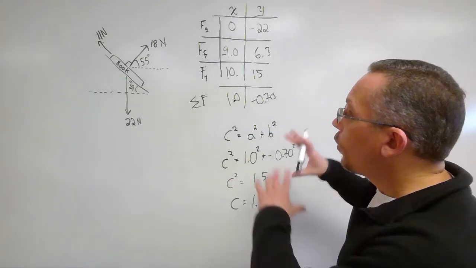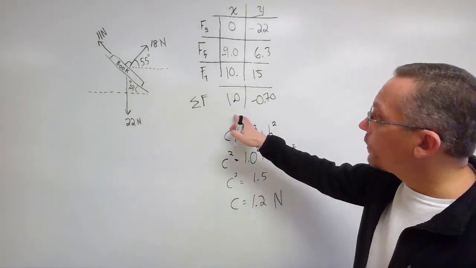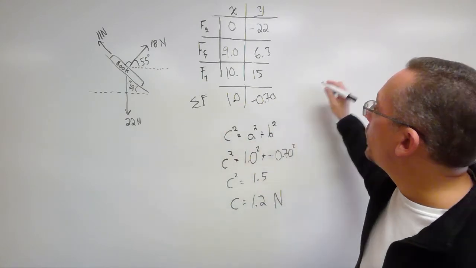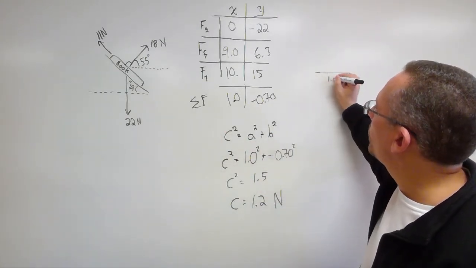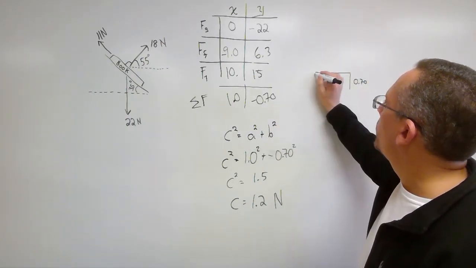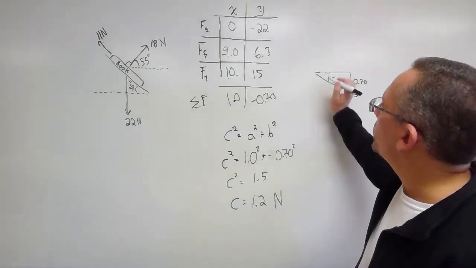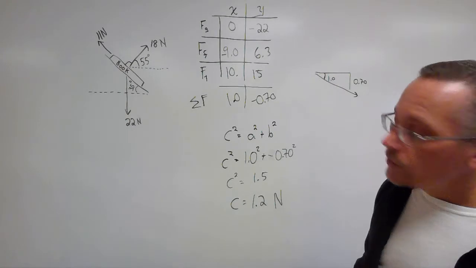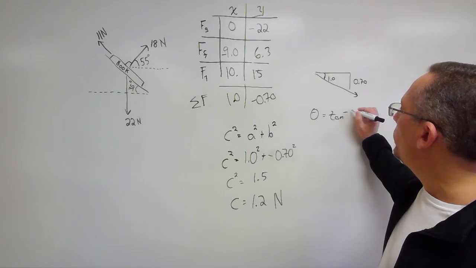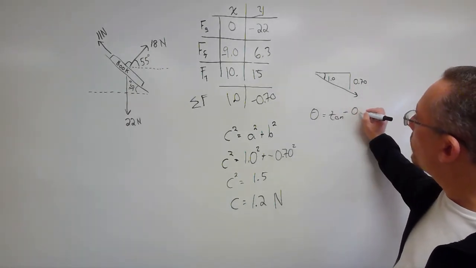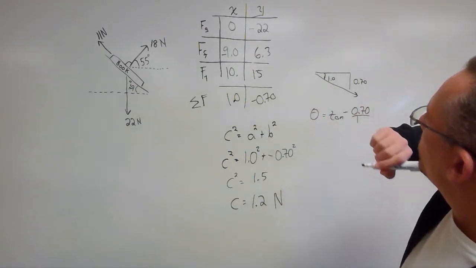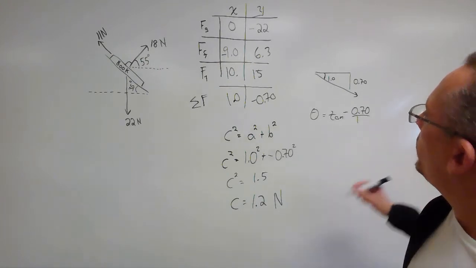And then we should probably figure out what direction is the net force, right? So we'll use the tangent inverse here. So this is the horizontal, so it's kind of 1 this way, and 0.7 this way, and it's working in that direction. So let's figure out this angle right here. So we'll do the tangent inverse: theta equals the tangent inverse of the opposite side over the adjacent side.